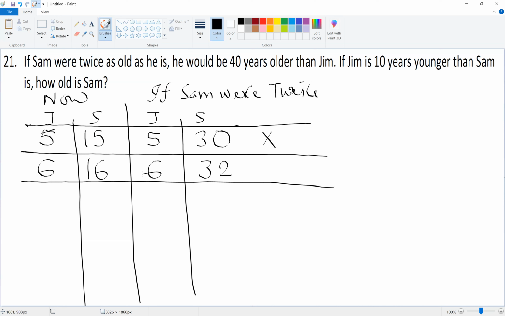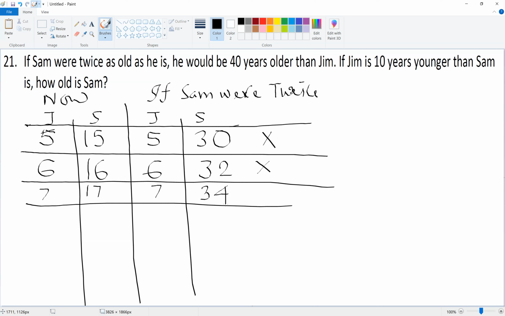That's also not a 40-year difference, so that doesn't work. Then I went to 7 and 17. If you multiply 17 times 2, you get 34. So the pattern was it's going up by 2.